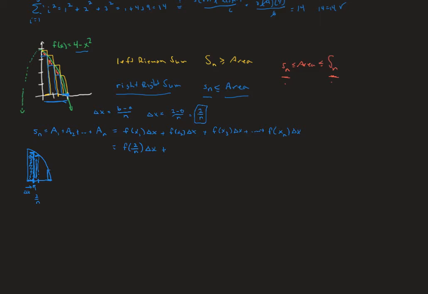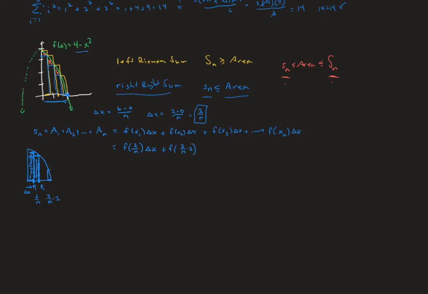Now the second rectangle, we're going to go over another delta x. I understand that's going to be 4 over n, but I'm going to call that 2 over n times 2, because it's 2 of those delta x's to the right. That's going to go into our function to give us the height. So I'm going to call that f of 2 over n times 2.